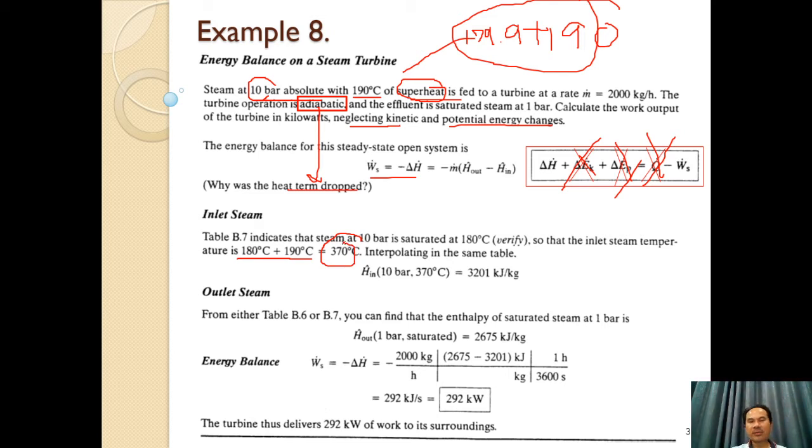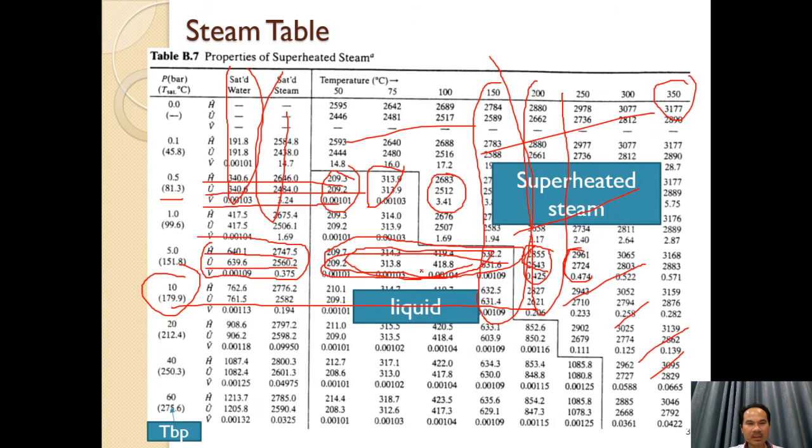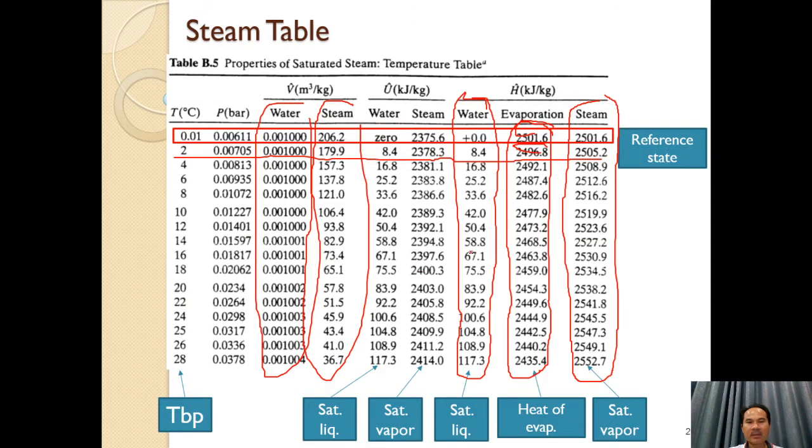For this case, you can determine the enthalpy at 10 bar and 370. In this case, because we reference to the triple point already, if you go back to the steam table, the enthalpy for each term is referring to 0.01 Celsius as the triple point, because the S is equal to 0. 33.6 means the difference between a Celsius and 0.01 Celsius.